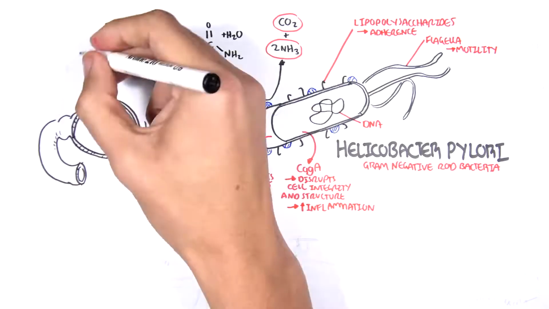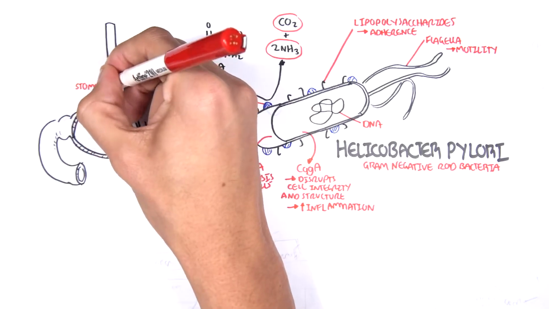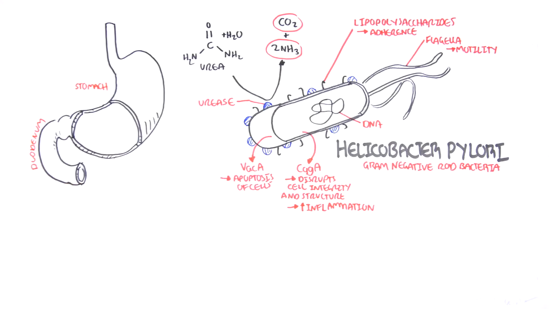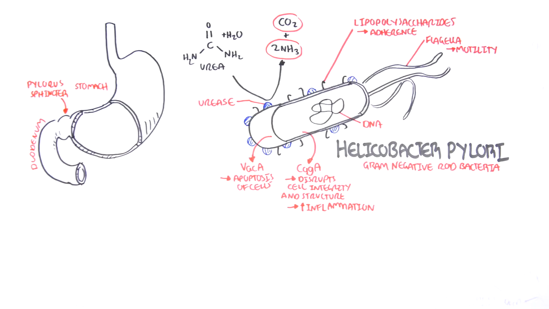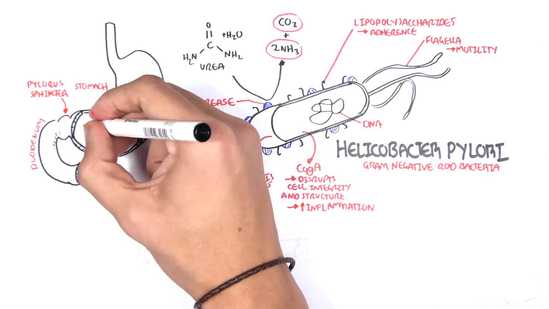Let's just have a look at the anatomy of the stomach briefly and the GIT. So here we have the stomach, and here we have the duodenum, which is the first part of the small intestine. The pyloric sphincter here essentially is a barrier between the stomach and duodenum. Anyway, the stomach has a few parts to it.